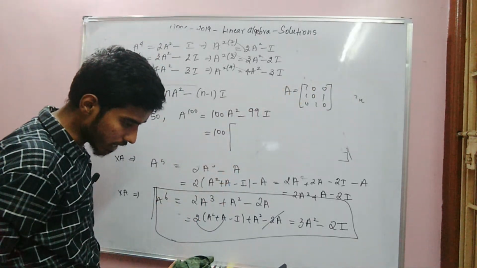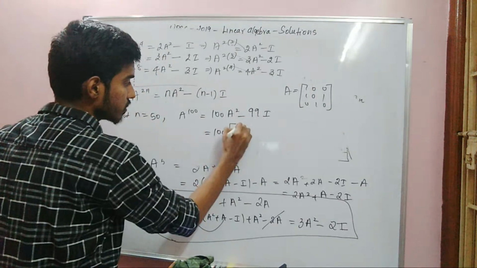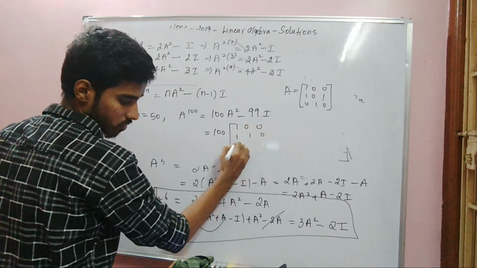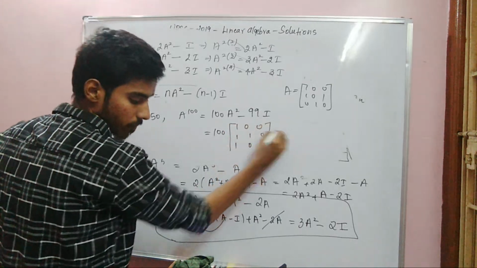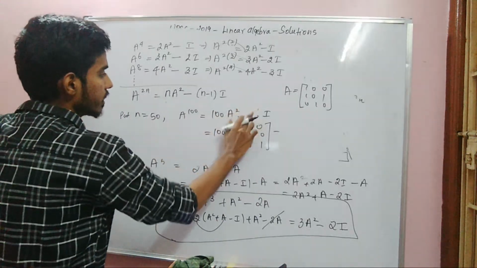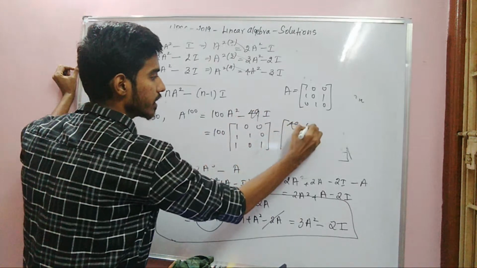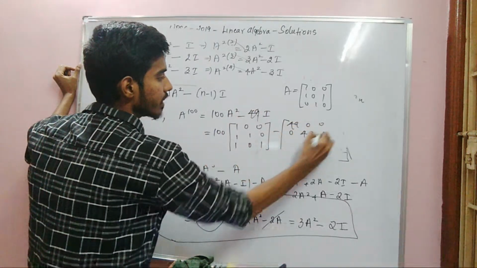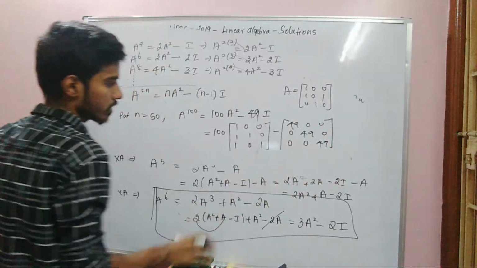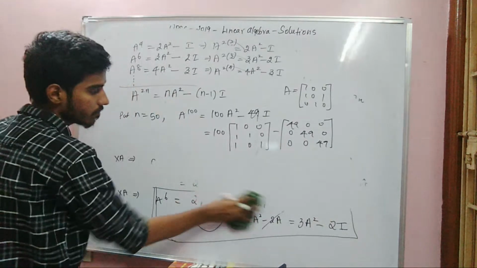So the A square matrix will be 100, 110, 101. Sorry, n is equal to 50, right? This is 49I, so 50A square minus 49I. When you subtract this matrix, this is our A power 100 matrix.